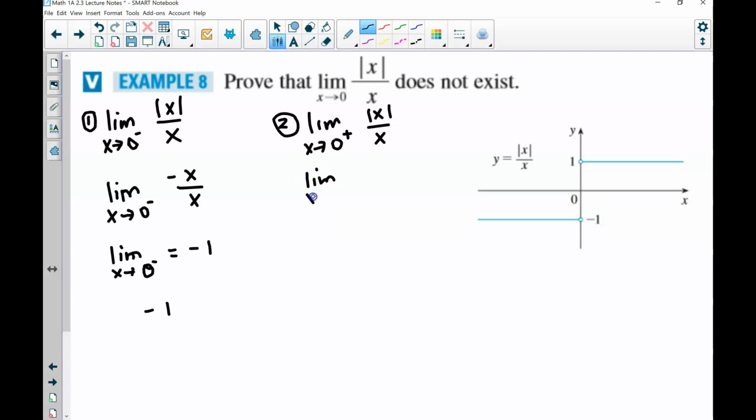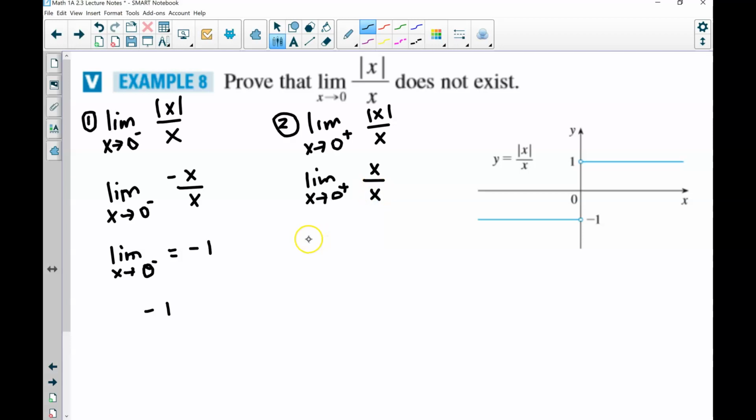So taking a limit as x approaches 0 from the right is positive x over x.